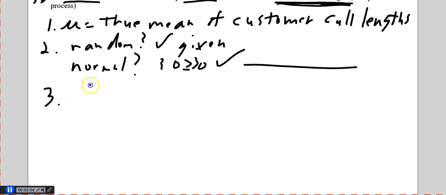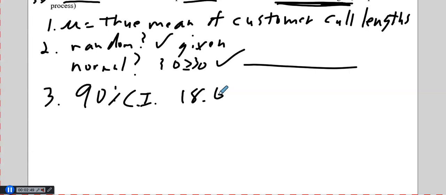Number three, we're doing a 90% confidence interval. Okay. So our number is 18.6. Okay. That's our mean. Plus or minus. Okay. Now, hold on. All right. So right here, we need our t number.